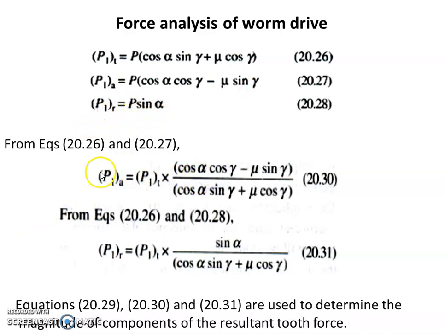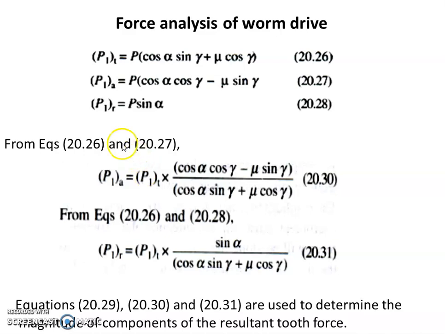Similarly, taking the ratio of P1a upon P1t, this relation is established between the axial and tangential components of force, because we always calculate the tangential component of force first, and based on it the axial and radial components are calculated.